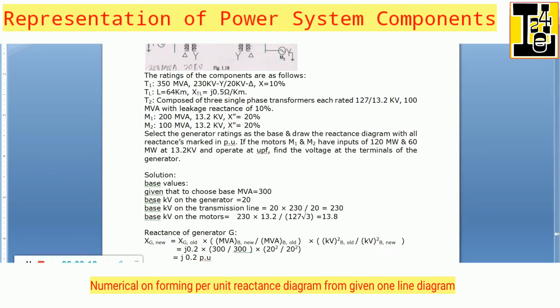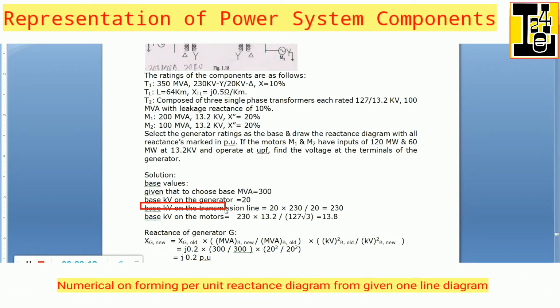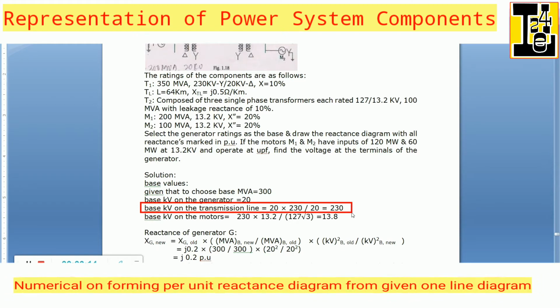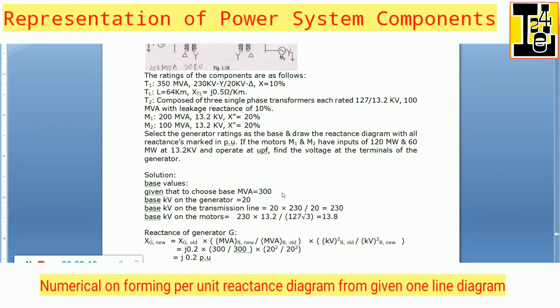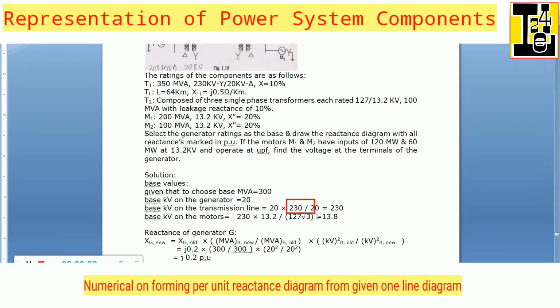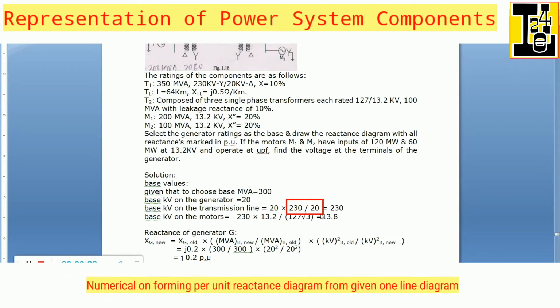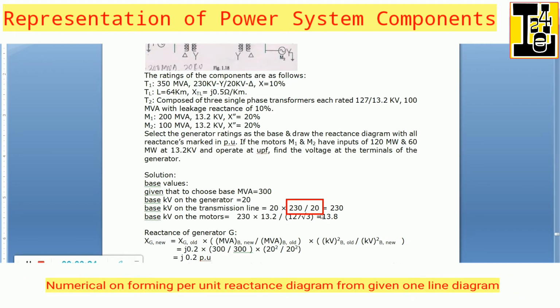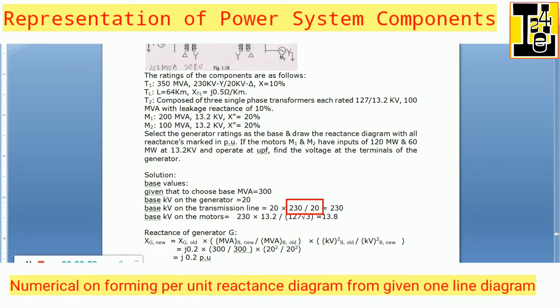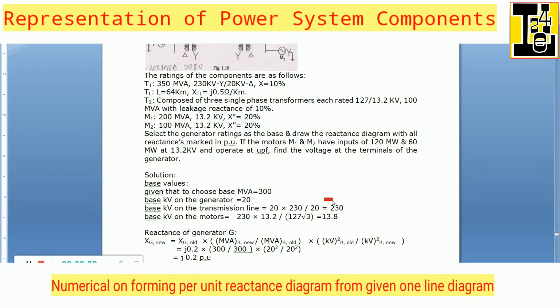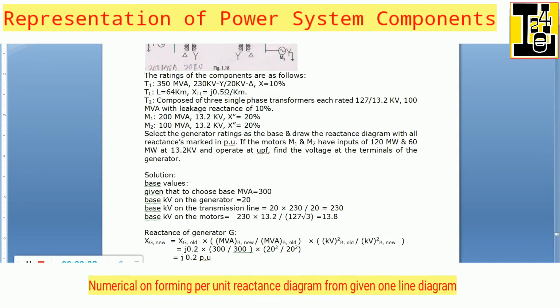So here the base kV in the transmission line is equals to 20 into 230 divided by 20. So here 230 is the rating of T1 secondary and 20 is the rating of T1 primary. So after calculation we will get base kV on the transmission line as 230.